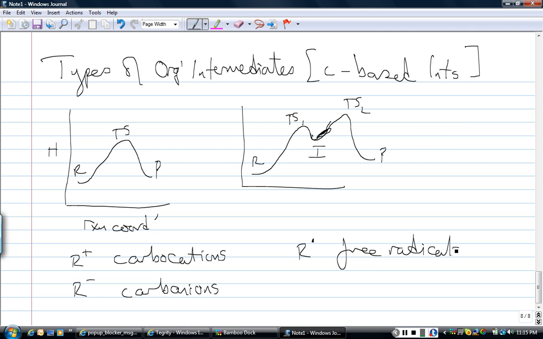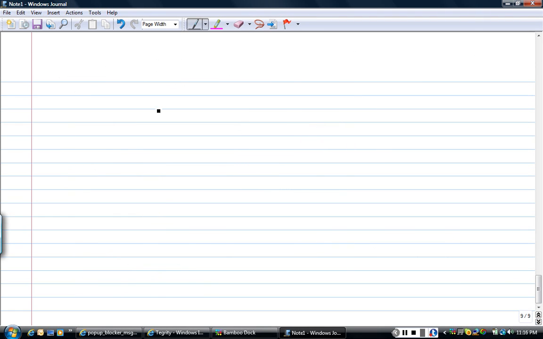These are the 3 most common carbon-based intermediates in organic chemistry. Now, there are others. In fact, there's one that we will see in second organic, and there are even others beyond those. But these are by far the most common. So let's look at those three and give a bit more detail about their chemistry.